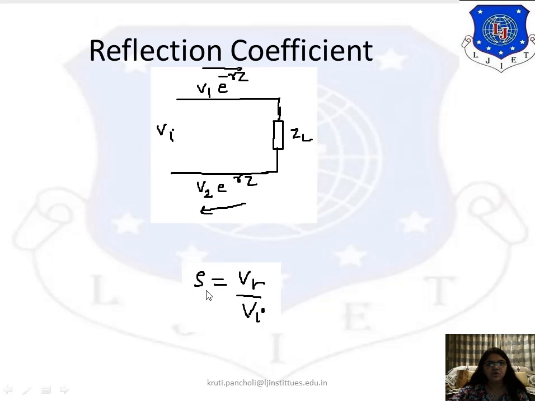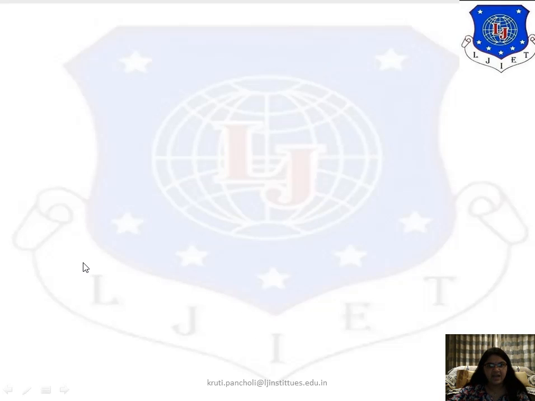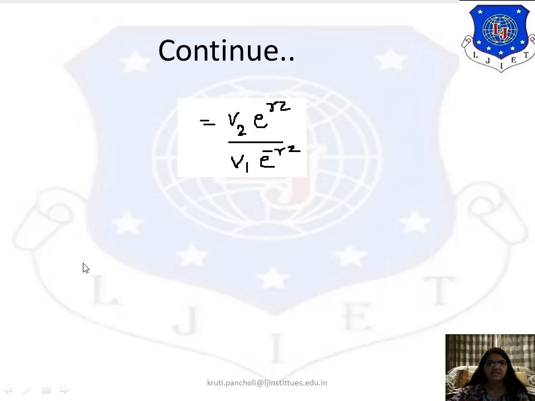The reflection coefficient is denoted by rho, equal to VR, the reflected wave, over VI, the incident wave.